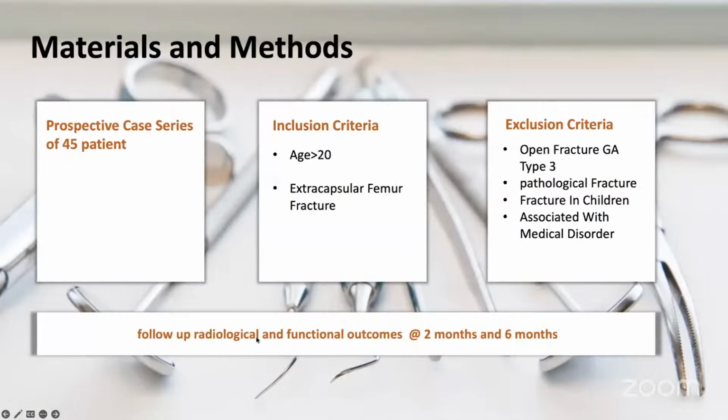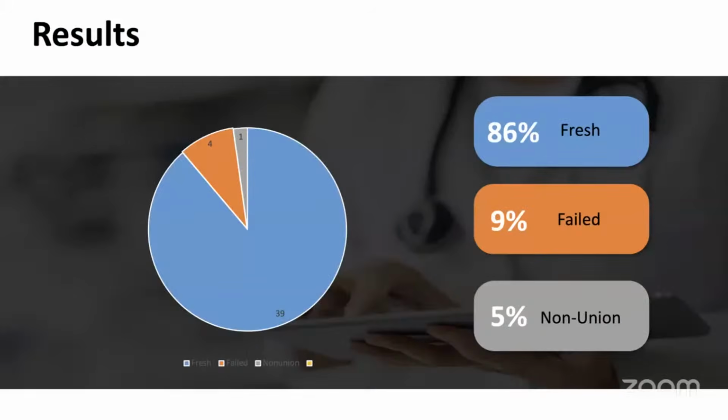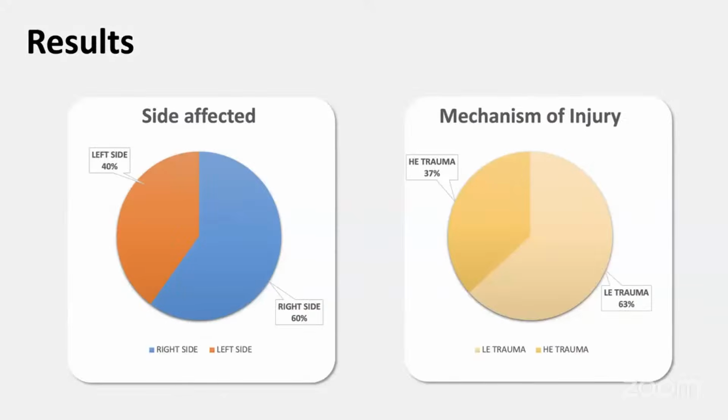We have studied around 45 patients, all older than 20 years, and we followed up with functional as well as radiological outcome at 2 months as well as 6 months. We had 39 fractures united, 4 failed, and 1 non-union. The side affected was the right side, and trauma was low energy in the majority of patients.